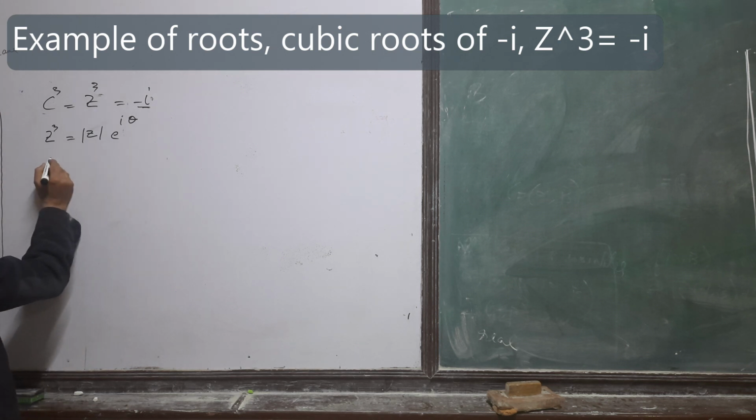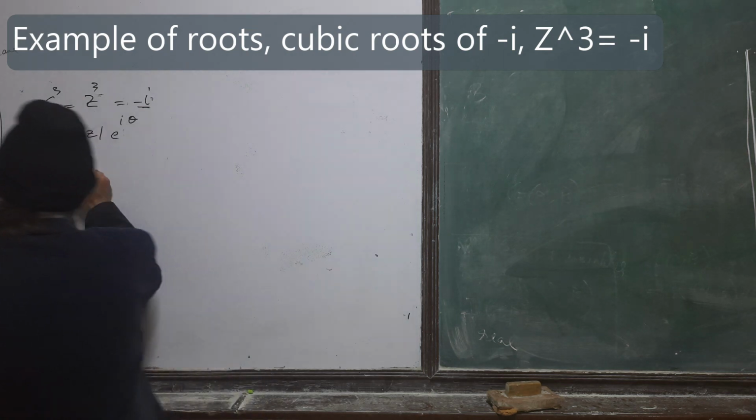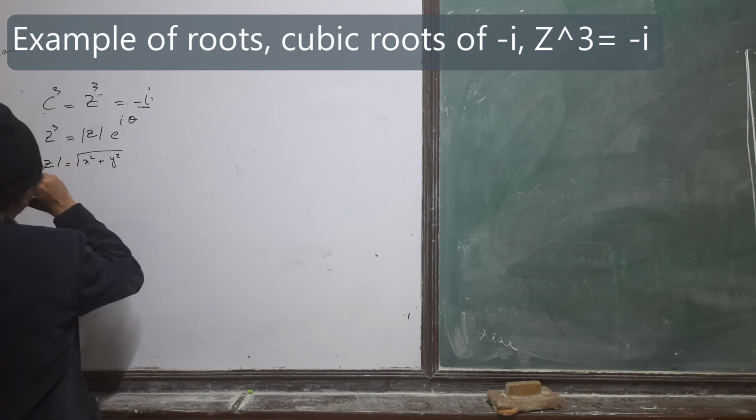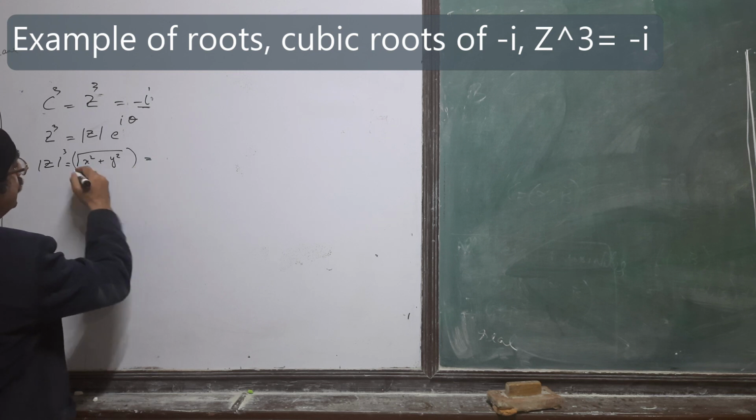for this iota, the z magnitude is, what is that? x square plus y square. Okay. Then what is that?